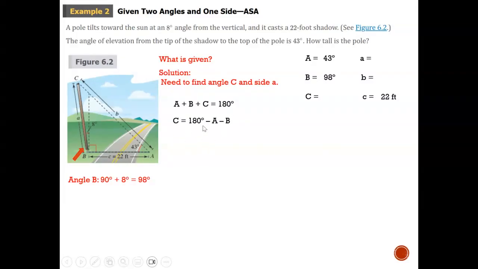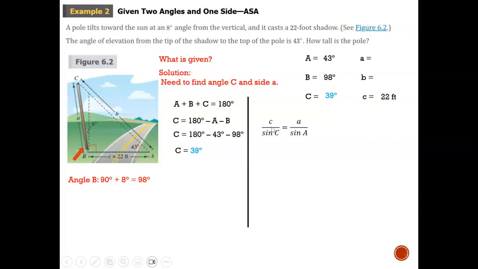So angle C is equal to 180 minus angle A minus angle B. Angle A is 43 degrees, and angle B is 98 degrees. So C equals 39 degrees. So I got my C, 39 degrees. Okay, now I got that pair, right? And we're looking for little a, which is the same thing as side A, which is the height of the pole.